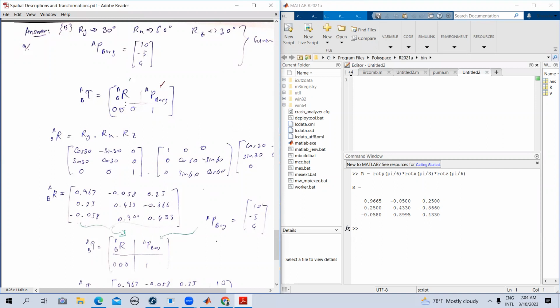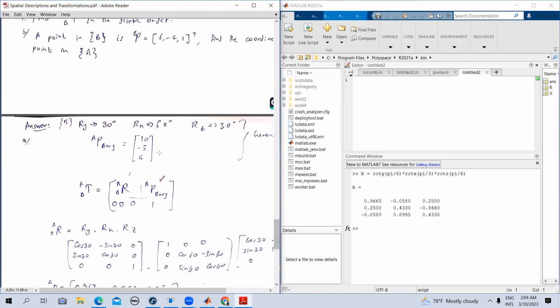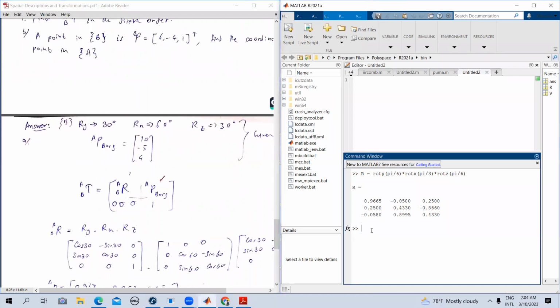Now we are supposed to get the position vector of B origin with respect to A. This is already given, no? So we know this. We will put the position vector as P, which is PB origin, and it's given by 10, minus 5, 4.